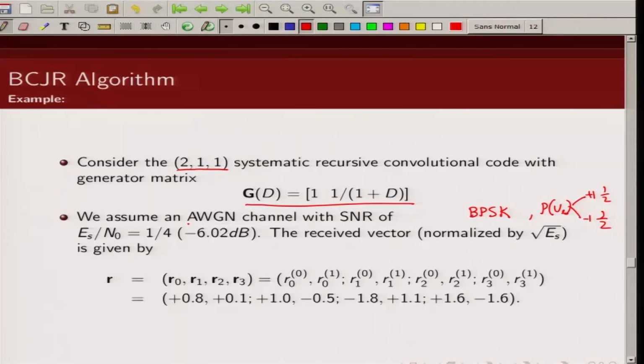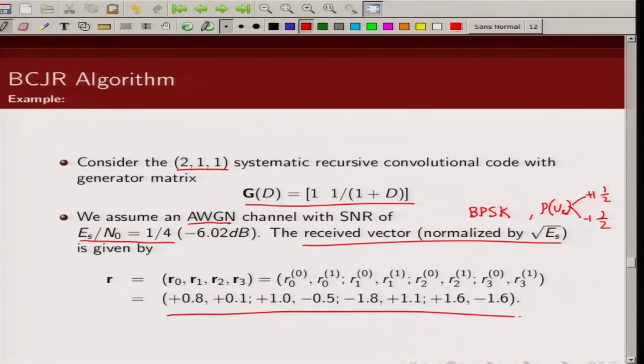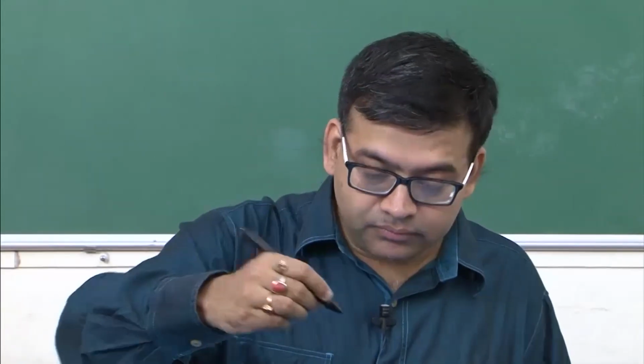We are considering an AWGN channel with an SNR of 1/4, and we are assuming that the received signals are normalized by root Es. So, what we are receiving is this particular sequence. The question I am interested in is, given this received sequence, estimating what my information sequence was.